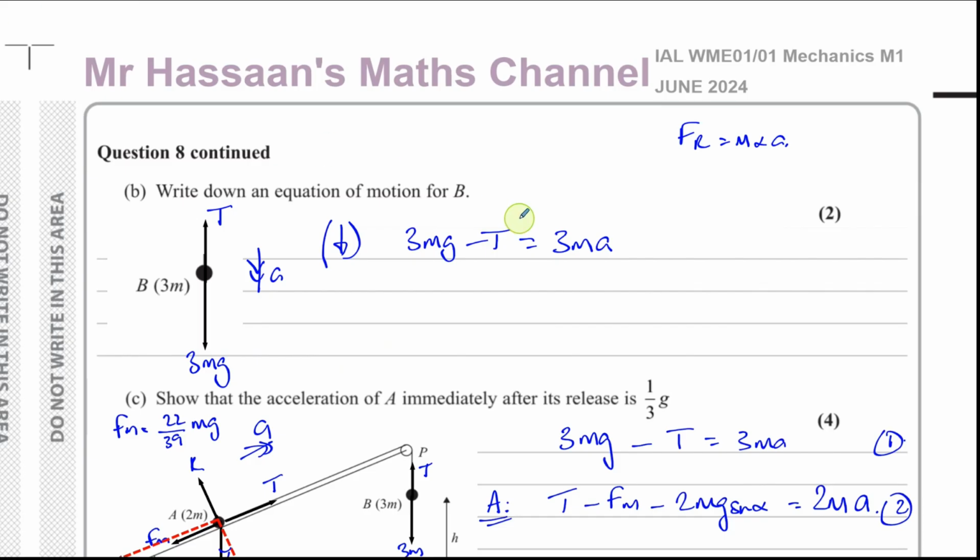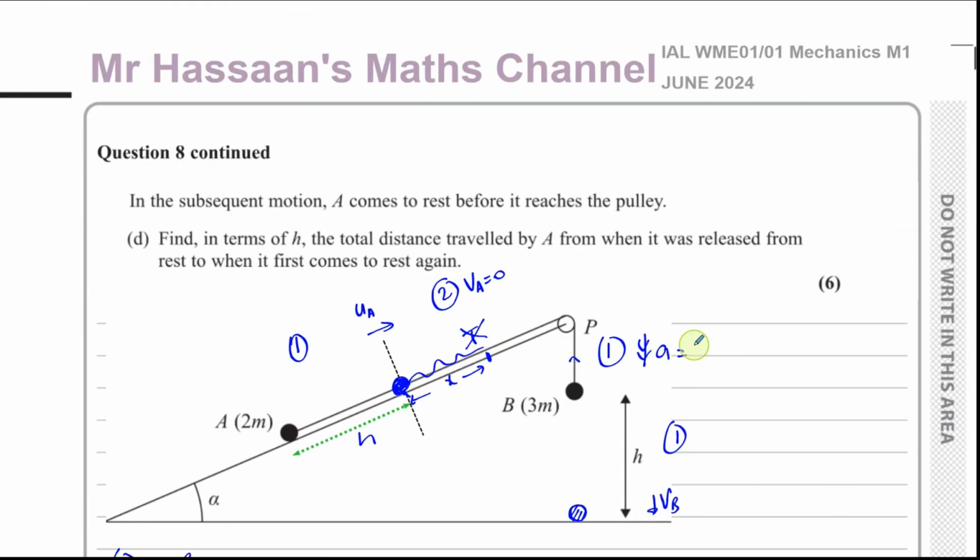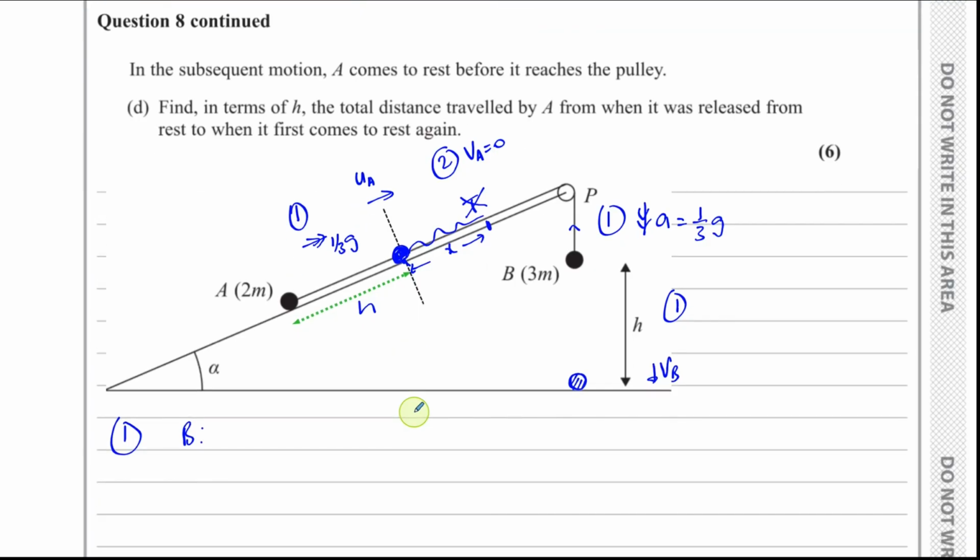We worked out the acceleration just now. In fact, we were told to show that it's 1/3 g. So we know it's 1/3 g, even if we couldn't calculate it for some reason. It's the same acceleration as A going up until it reaches this point here. So now let's use the information we have about B as it falls down.